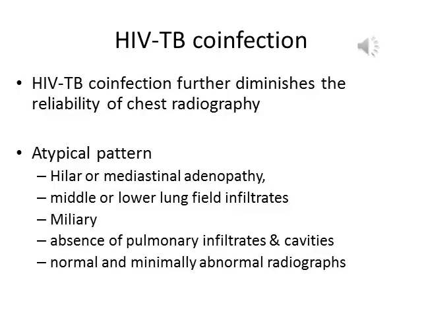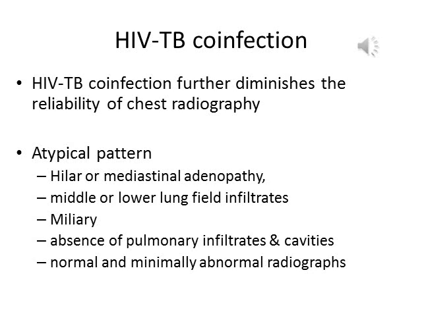Comorbidity with HIV infection and tuberculosis further diminishes the reliability of chest radiography for the diagnosis of pulmonary TB. Since the emergence of HIV/AIDS, clinical studies have consistently documented the atypical radiographic patterns seen in patients with both pulmonary TB and HIV.